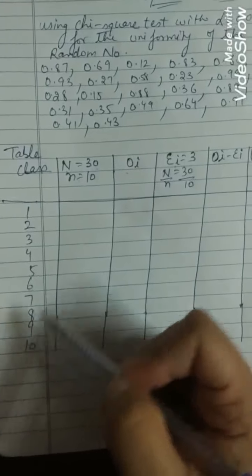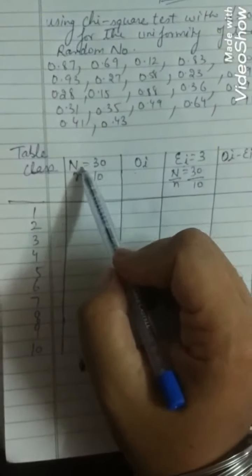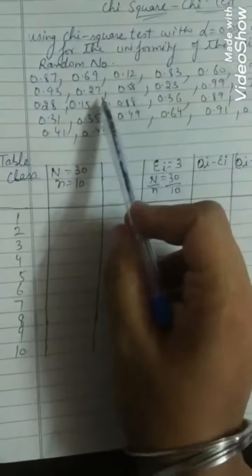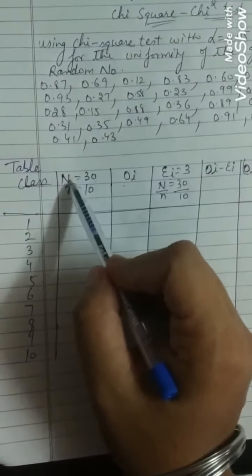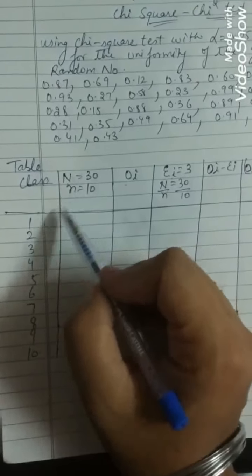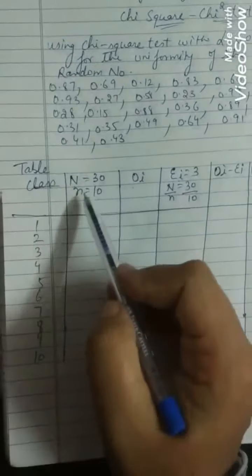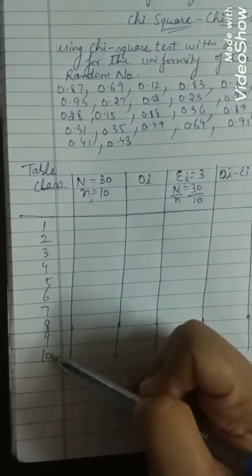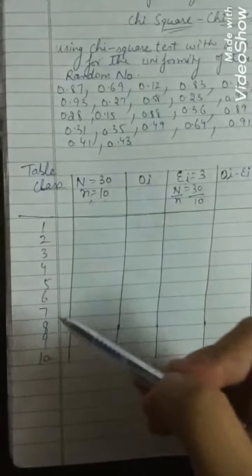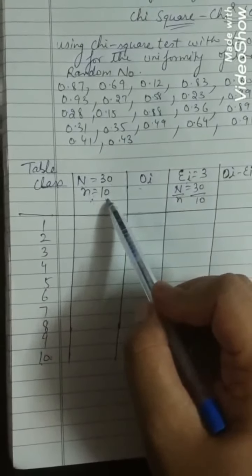Capital N is the number of random numbers, so there are 30 random numbers, N equals 30, and small n is 10, the number of classes.